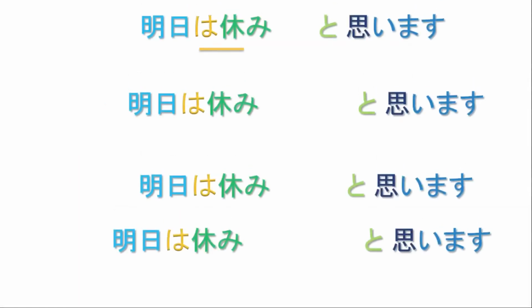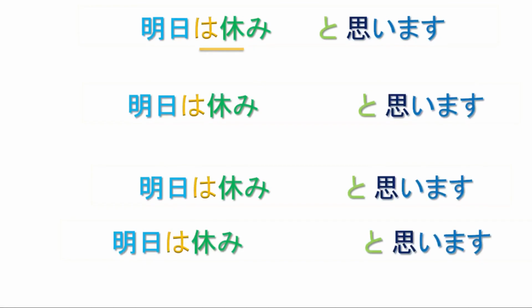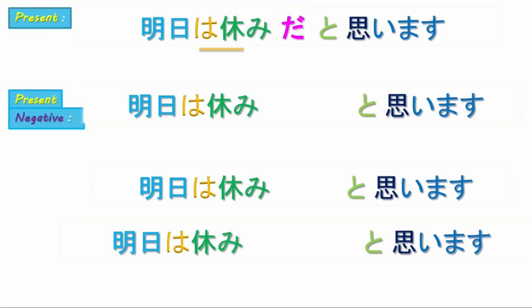Okay. The example was, ashita wa yasumi to omoimasu. Right? In the present tense, we add da. Ashita wa yasumi da to omoimasu. In the present negative tense, we add janai. Ashita wa yasumi janai to omoimasu.